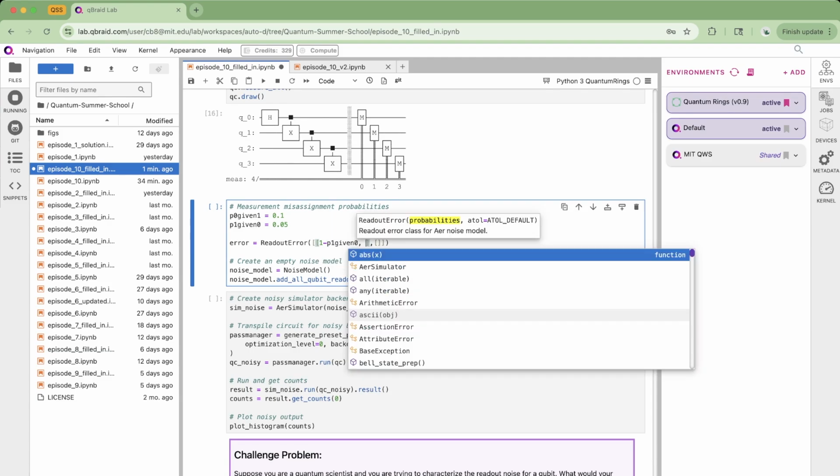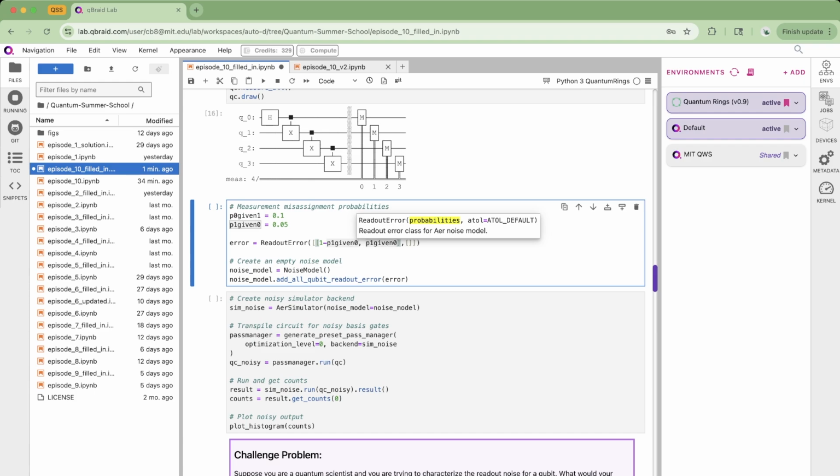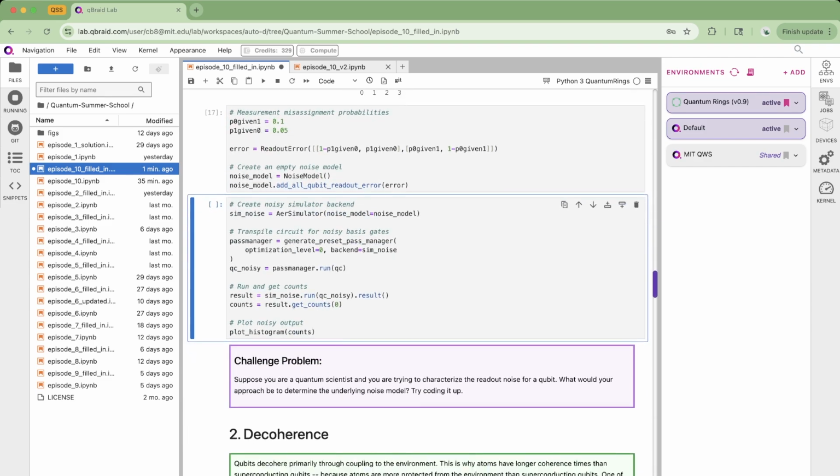And then this other one is going to be the probability of 1 given 0. And then here, that other diagonal is going to be the probability of 0 given 1. And then the last one is the probability of 1 given 1, which is 1 minus P0 given 1. We create our noise model, we add our readout error, and then we can run the circuit.